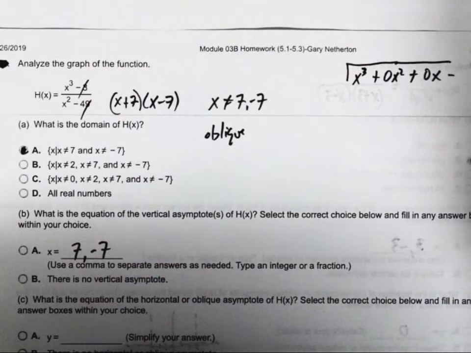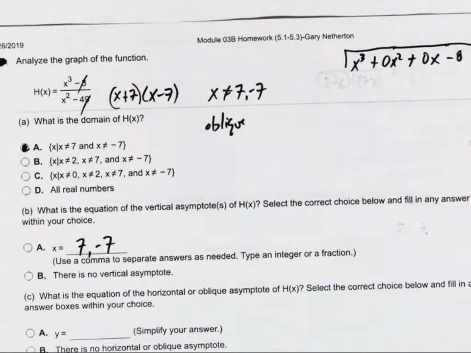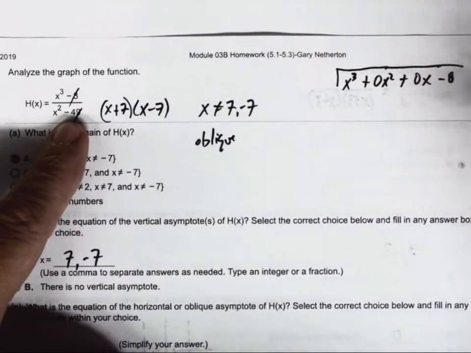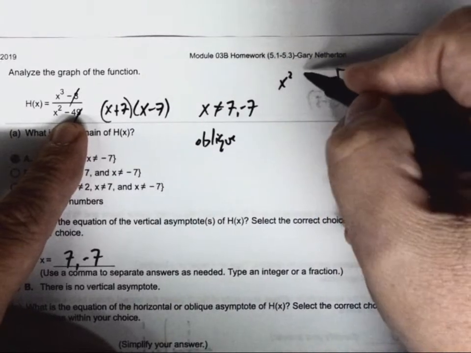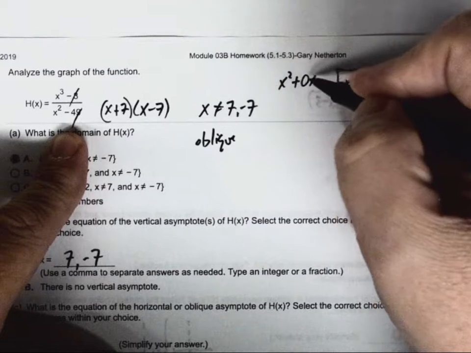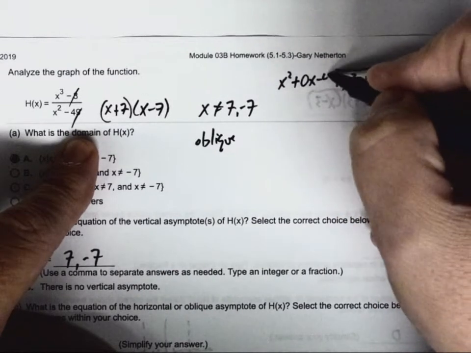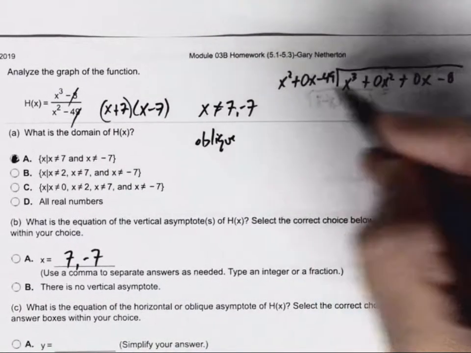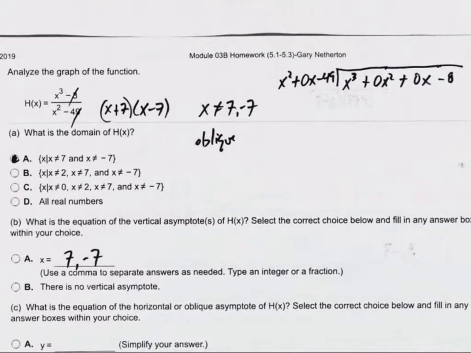And finally, let me just assume this is an 8. Now divided by x squared plus 0x minus 49. You have to put these fillers in to do this long division.